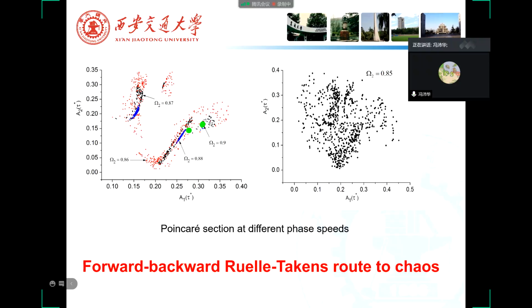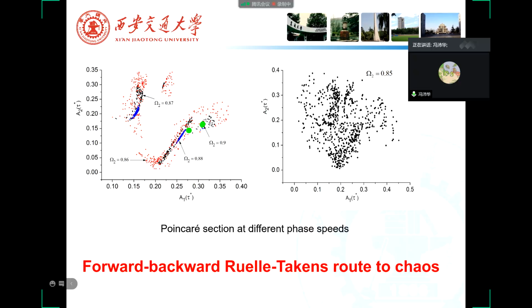Here we introduce a terminology, the Ruelle-Takens route to chaos, which describes one way the system goes into the chaotic state from a regular state.